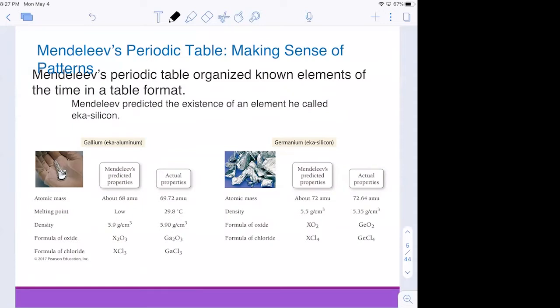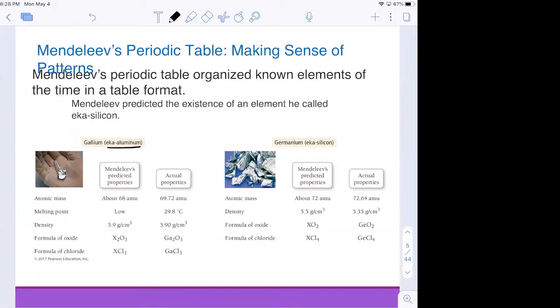So Mendeleev's periodic table, he was trying to make sense of certain patterns. He was a brilliant chemist, and for one main reason that I admire him so much, at certain points, he actually left spaces in the periodic table for elements that he knew didn't exist at the time, but he predicted could have existed. So he would call them EKA aluminum, comes after aluminum.